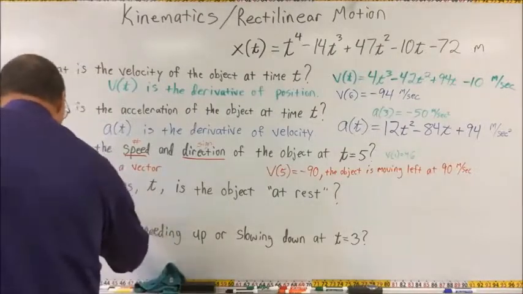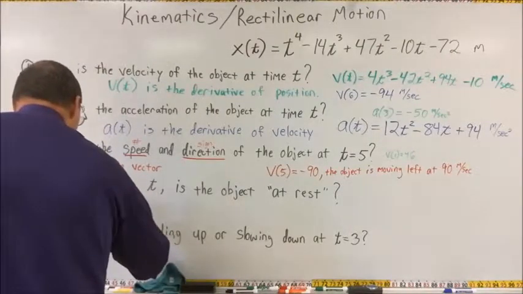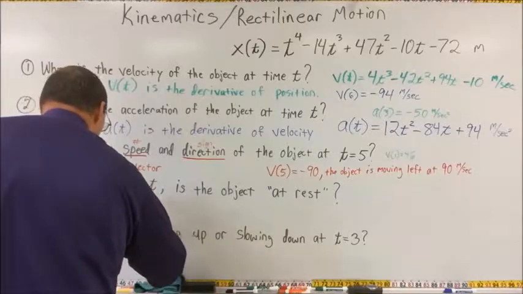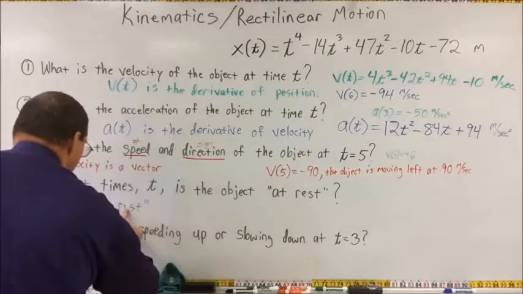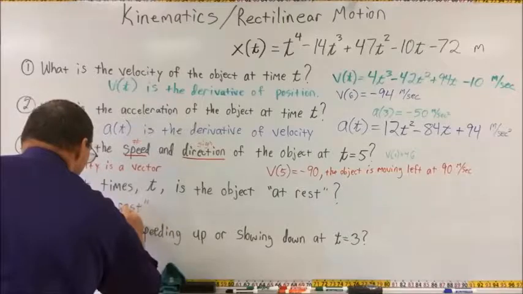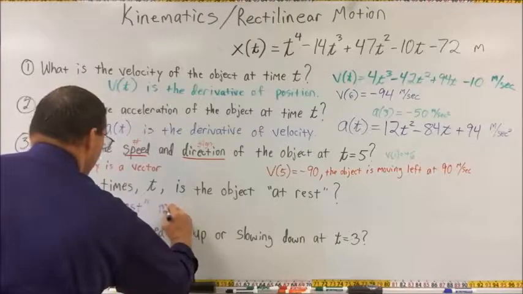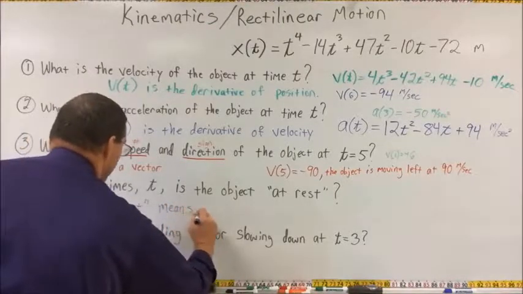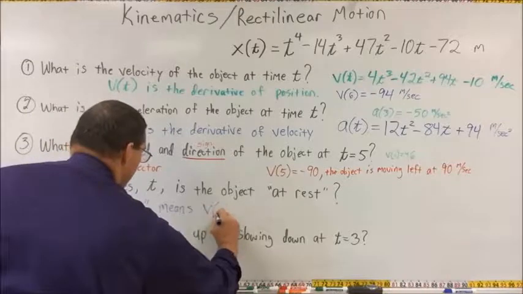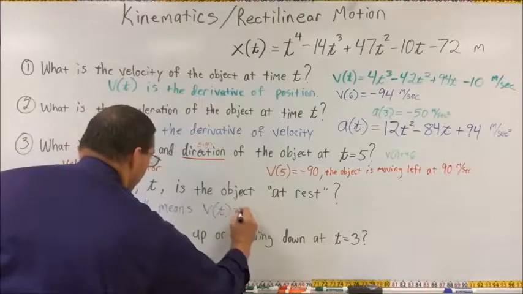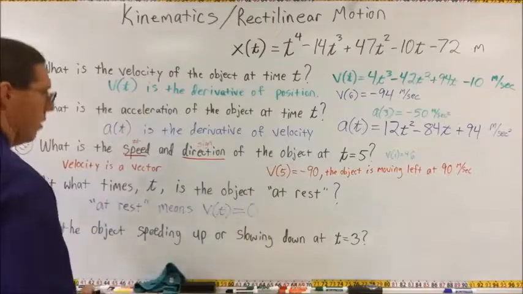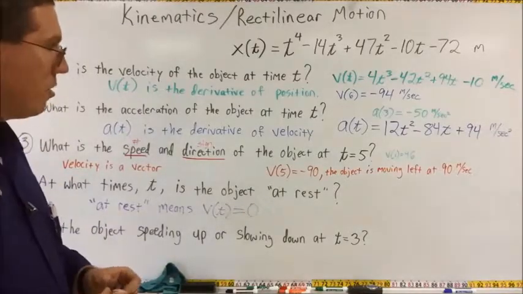The phrase at rest means that velocity, v of t, equals 0. That means velocity equals 0.